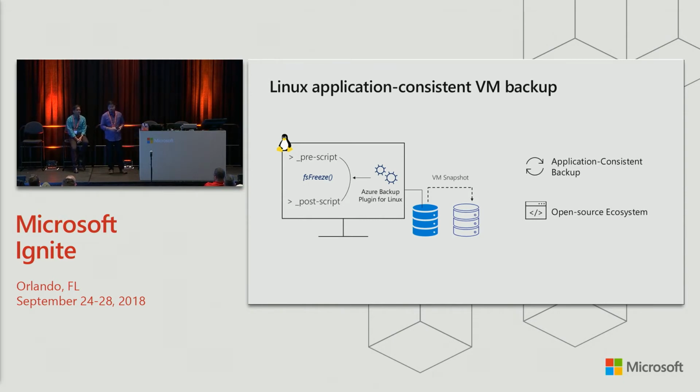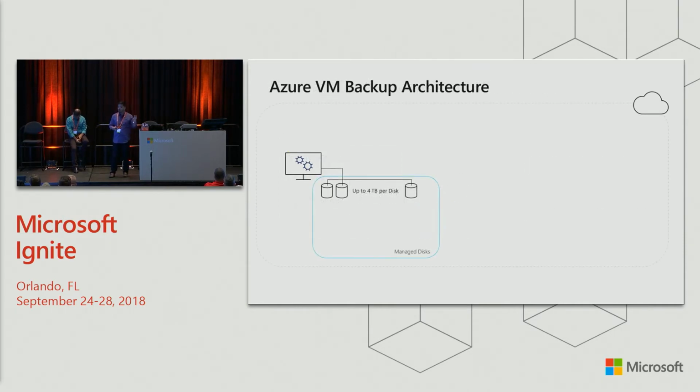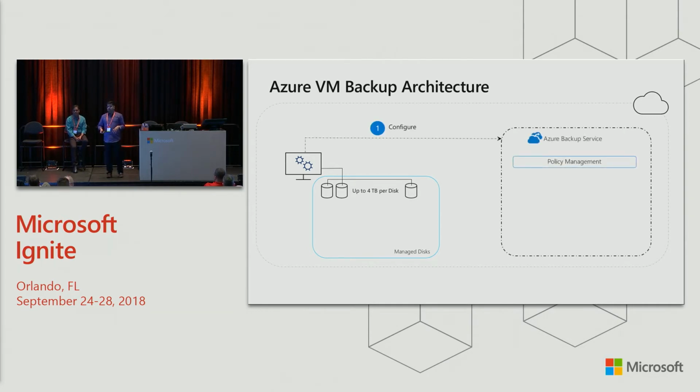Absolutely. So having done this, let me talk a bit about the Azure Virtual Machine Backup architecture. We saw that cool experience where you create a virtual machine and you enable backup and it just works. How does all of that happen? We have an extension inside every Azure virtual machine. When you configure backup, this extension talks to the Azure Backup Service and associates itself to a policy.